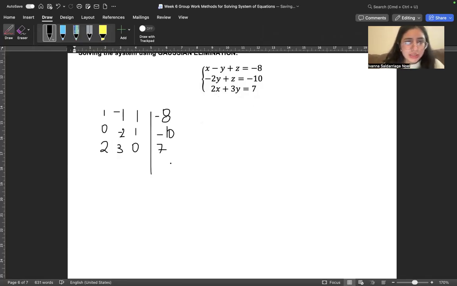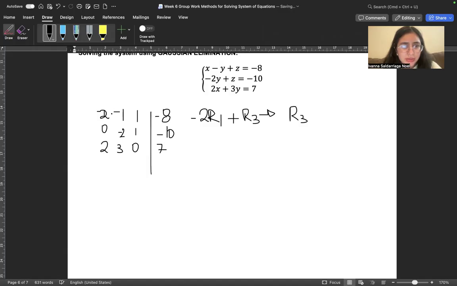So what I did here is put minus 2, since we have a 1 here, minus 2 R1 plus R3, and we put it on row 3. So this number became minus 2, this number became 2, and this number minus 2.